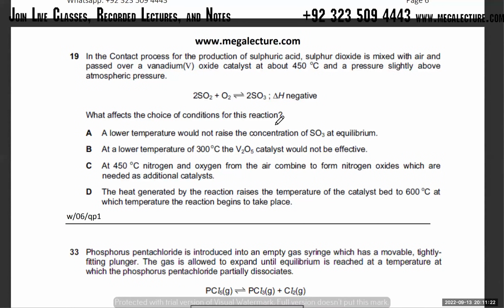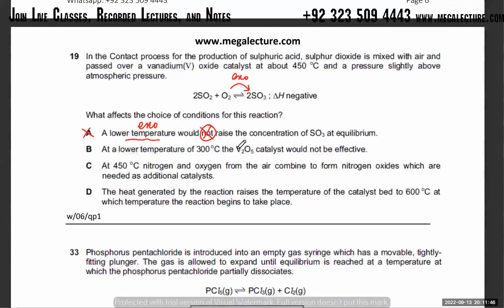A lower temperature, will it raise or will it not raise the concentration of SO3? सर it will raise, तो exo को favor करेगा and the forward one is exo, right? So not वाला part galat hai, it will actually raise. So that makes option A incorrect, it will actually raise the concentration of SO3.